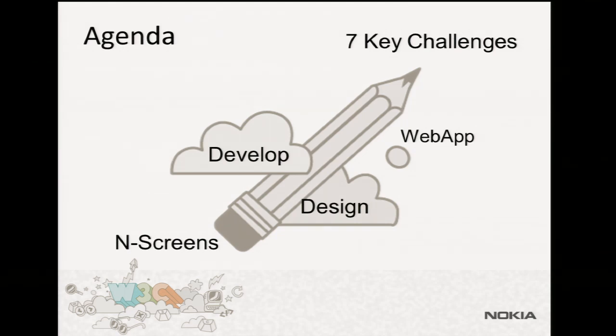Then I'm going to talk about the choices you have for development and why a web app is a better choice, and we'll talk about some of the history of the web app, how we came to a web app. And then finally, I'm going to talk about the implementation challenge, which is the 7 key implementation challenges which you will face when you are trying to create an app for multiple devices, and also the workarounds for those challenges. So the session is not just about problems, it's also about some solutions.